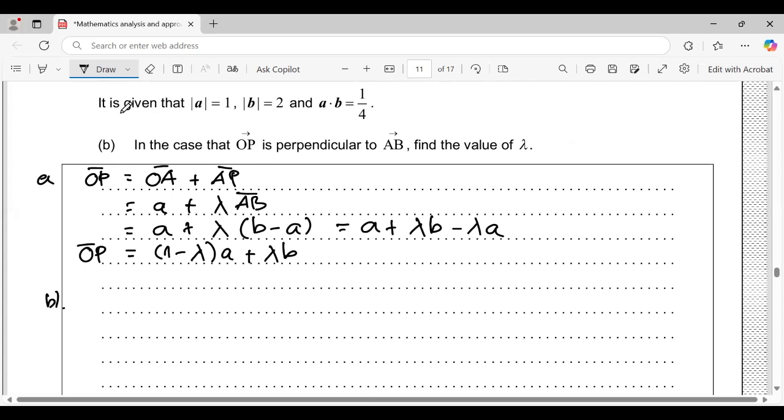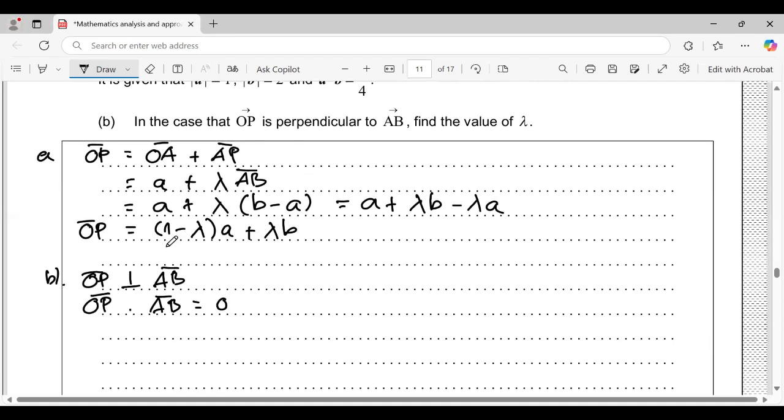It is given that modulus a equals 1, modulus b equals 2, and a dot b is 1/4. In the case that vector OP is perpendicular to vector AB, find the value of lambda. OP is perpendicular to AB. That means OP dot AB equals 0 because of perpendicular.